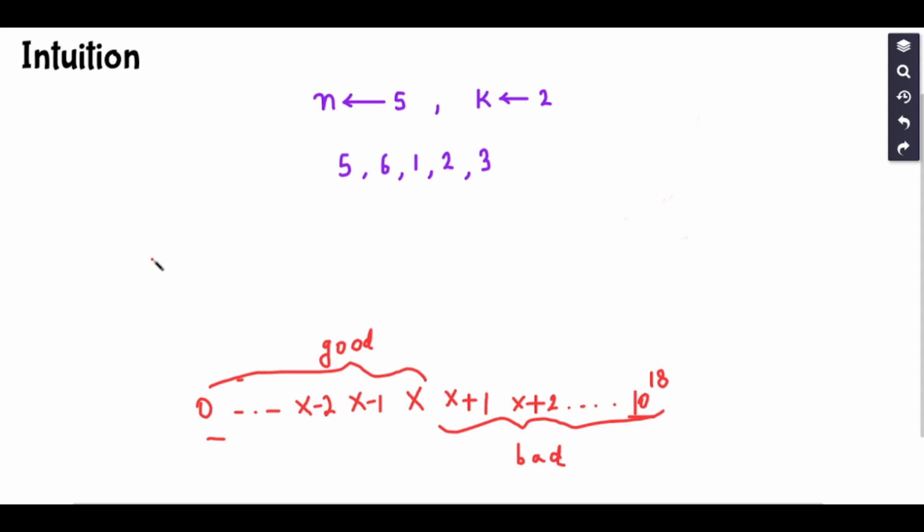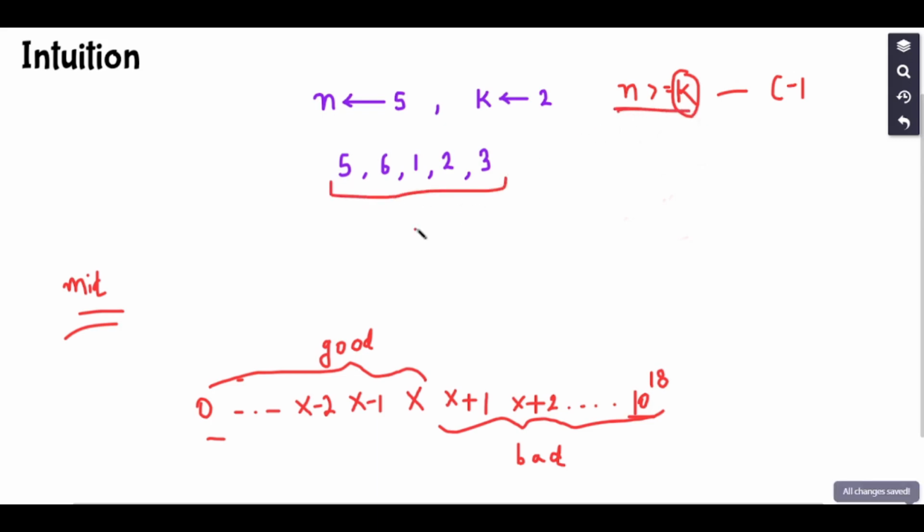Let's say we guessed a mid. We can divide it into two separate cases. The first case is when n is greater than or equal to k. This is case number 1. The number of minutes that we have is less than the number of elements that we have. This is the case when we won't be able to traverse every single position in the forest.